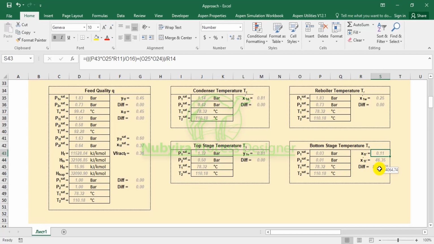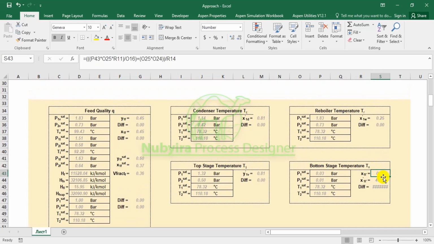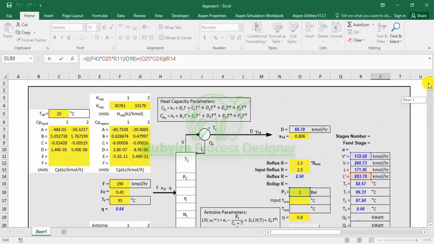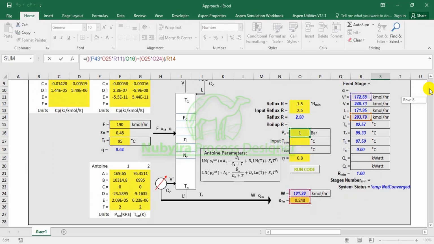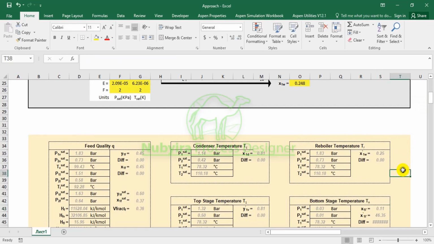I'm going to be changing this temperature so that I'm able to get the same thing for the answer. I just want to confirm something. Okay, it will work.